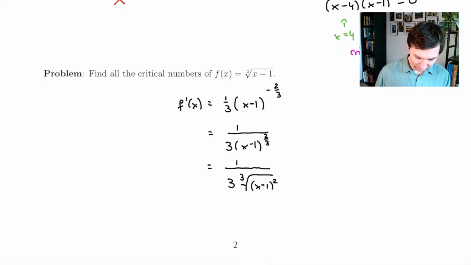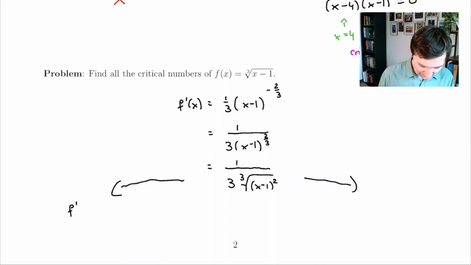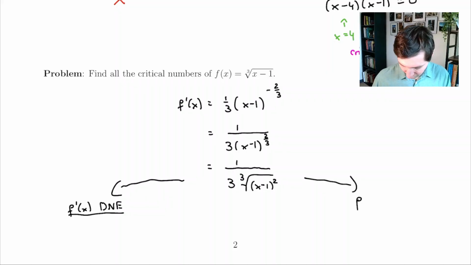Now I ask myself two questions. Are there some x's that make this derivative not defined? And are there some x's that make this derivative equal to 0? Is it possible that f prime of x does not exist? And is it possible that the derivative equals 0?